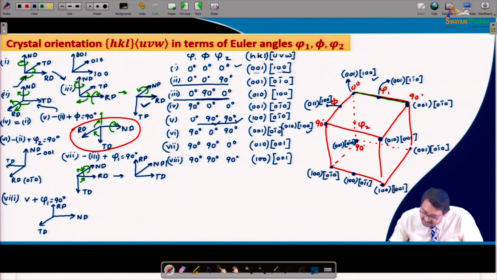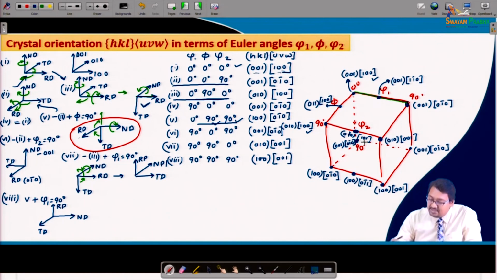Like that, various other texture components can be observed and can be depicted using this Euler space in terms of Miller indices. Say for example, the component which is at the center here is basically 0 1 0, 1 0 1, right. So, you see here also the rolling plane is constant. So, this is parallel to ND and the component which is along RD is 1 0 1, right.